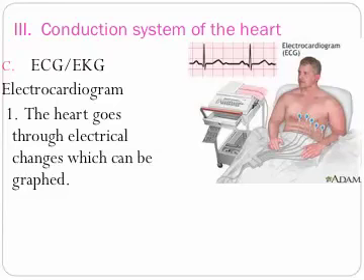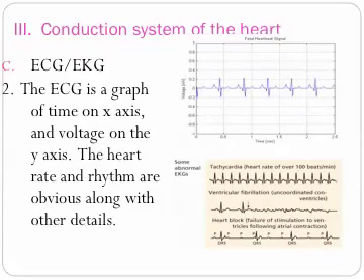So let's talk about what this graph looks like. There is a picture of such a graph on a page in your binder. It's a graph where we have time on the x-axis and voltage on the y-axis. It's a wave pattern. Basically what this graph means is the heart goes through different levels of voltage in a pattern as the impulse goes through the heart.